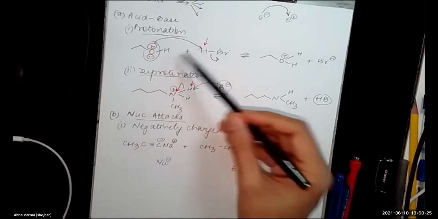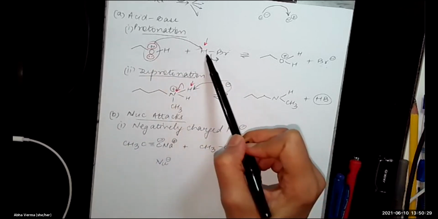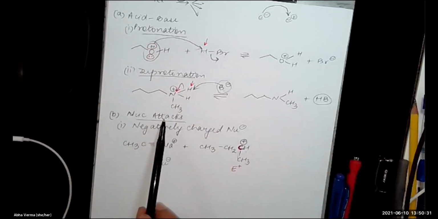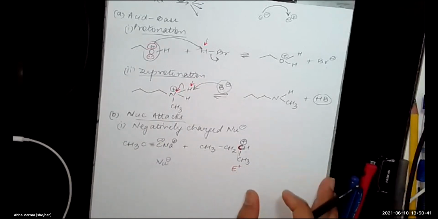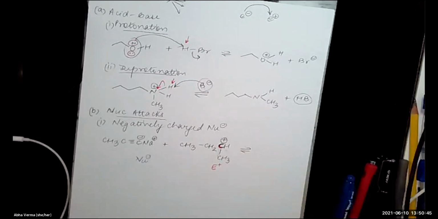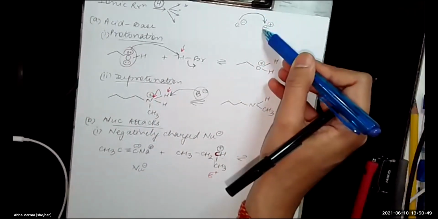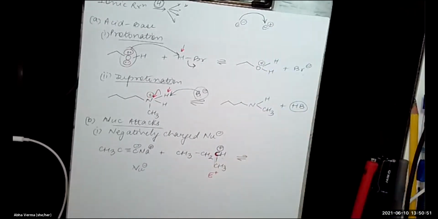So just like in your acid-base reactions, you had to find your electron-rich, electron-poor site. In a nucleophilic attack also, you will find your nucleophilic electron-rich site and your electron-poor electrophilic site. And just like in your curved arrow, electron rich attacks the electron poor.